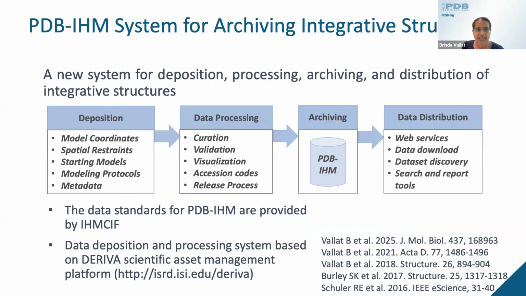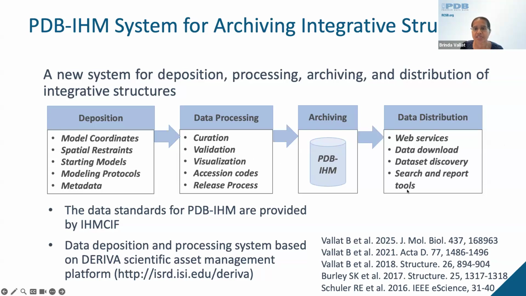Next, we created the infrastructure for data deposition, processing, archiving, and distribution of integrative structures. Deposition involves submission of model coordinates, spatial restraints, starting models, and additional metadata. Data processing involves curation, model validation, visualization, issue of accession codes, and releasing the structures.